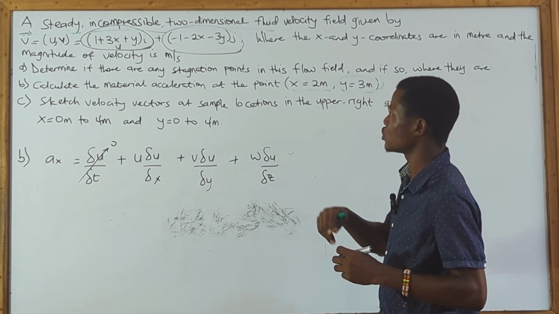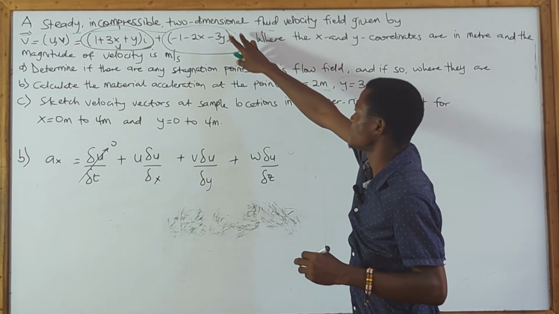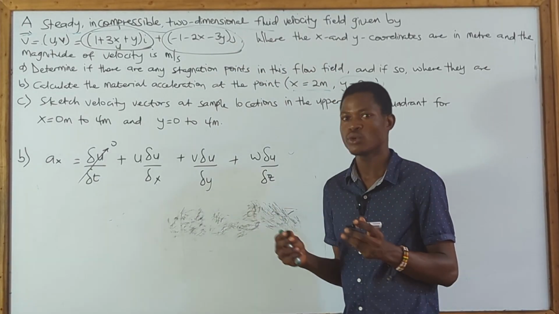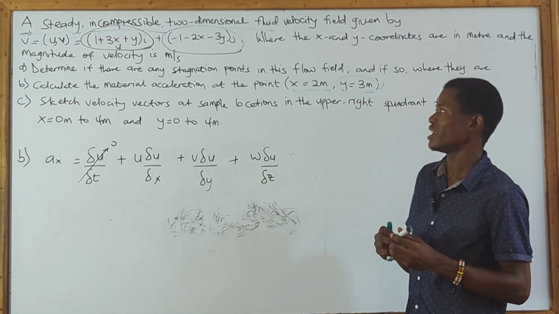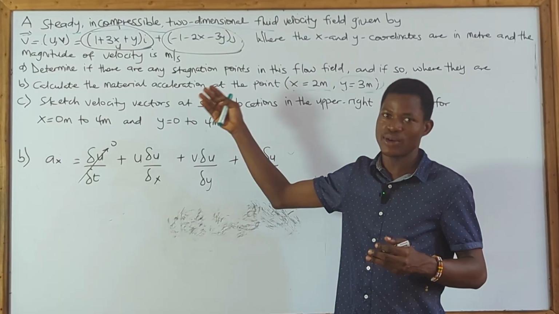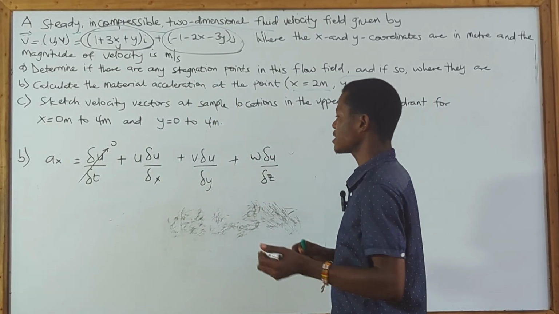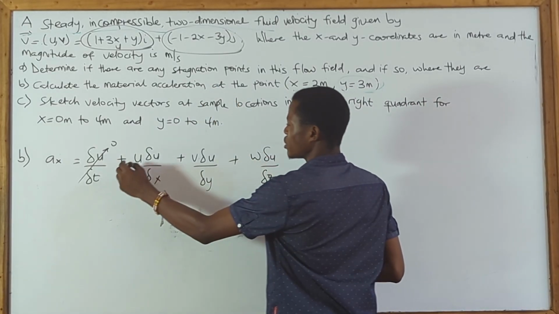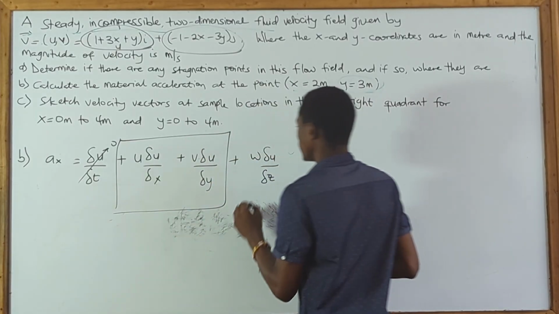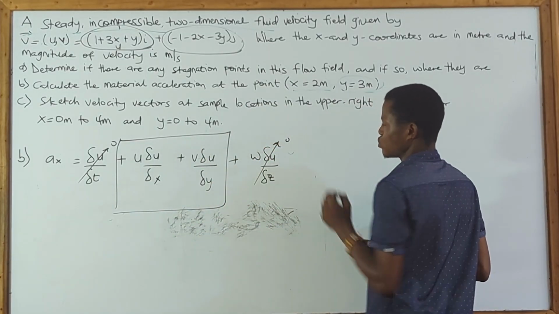And then we move on to the next one, which is two-dimensional flow. For the two-dimensional flow, we were told that it's in the u and the v direction, or in the x and the y direction. So for the x and y direction, it means this term is going to be equal to 0.